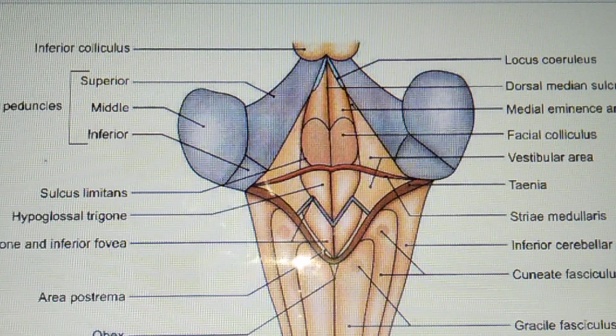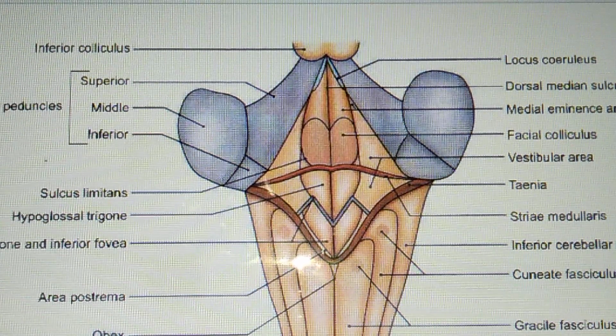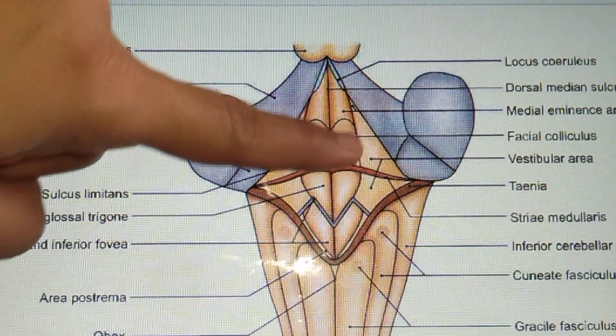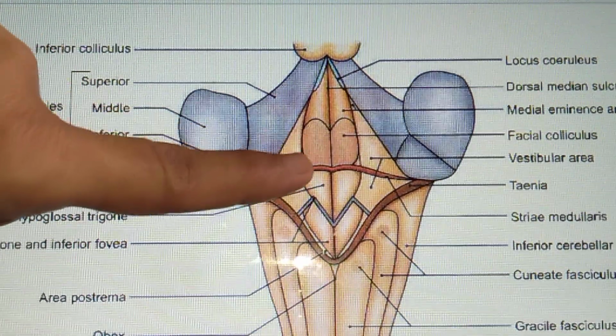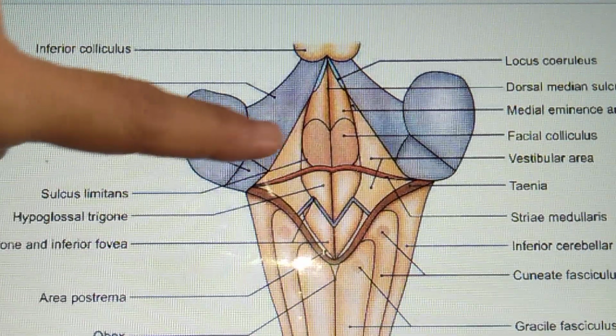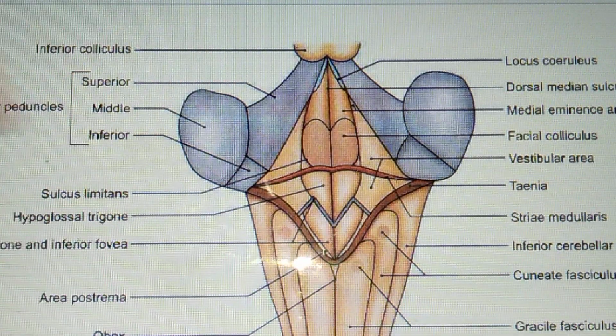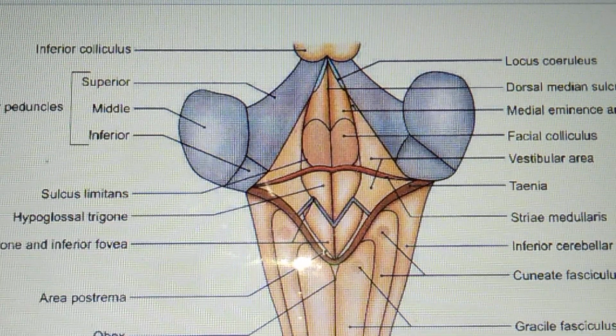It presents the facial colliculus, and just lateral to it there is a depression, a pit, called the superior fovea. We'll see another diagram which is more clear.